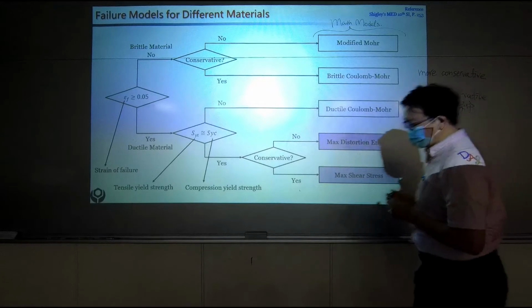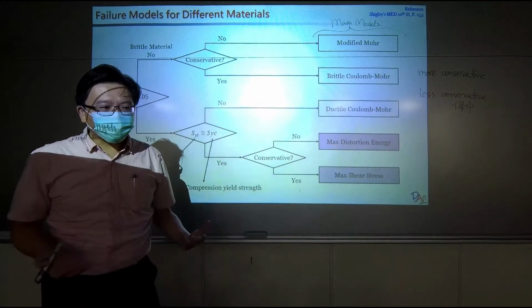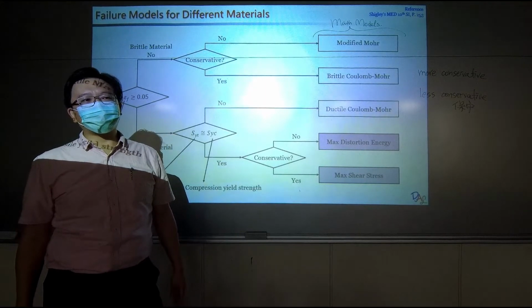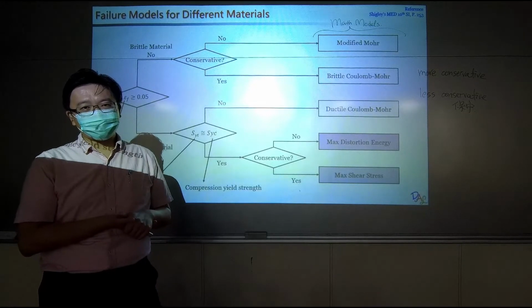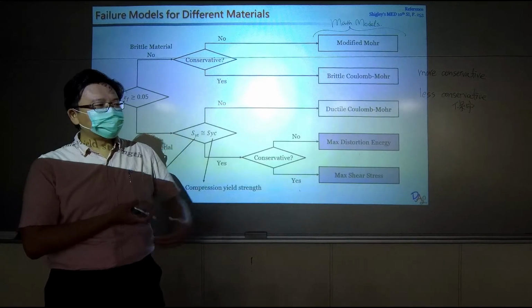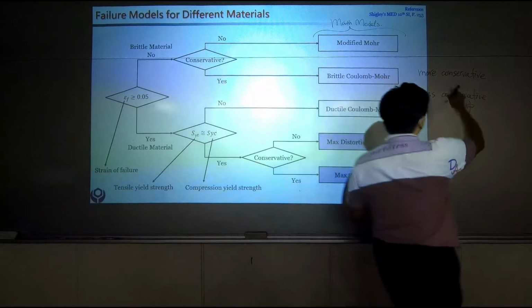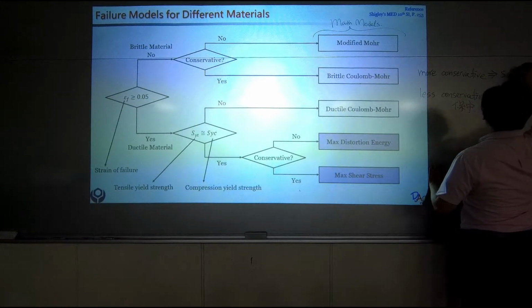If you have a more conservative model, that means you want to be safe, because maybe that material can fail easily. You want to design with greater safety. So if you use a more conservative model, your design will be safer.